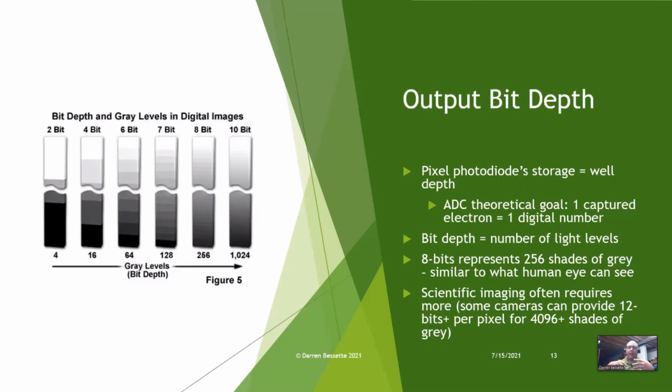So now that you have the data, I'll say, the electrons in there, you want to digitize it. There's several different methods for digitizing, and the bit depth of that digitization has a strong influence on the quality of the data that's output.